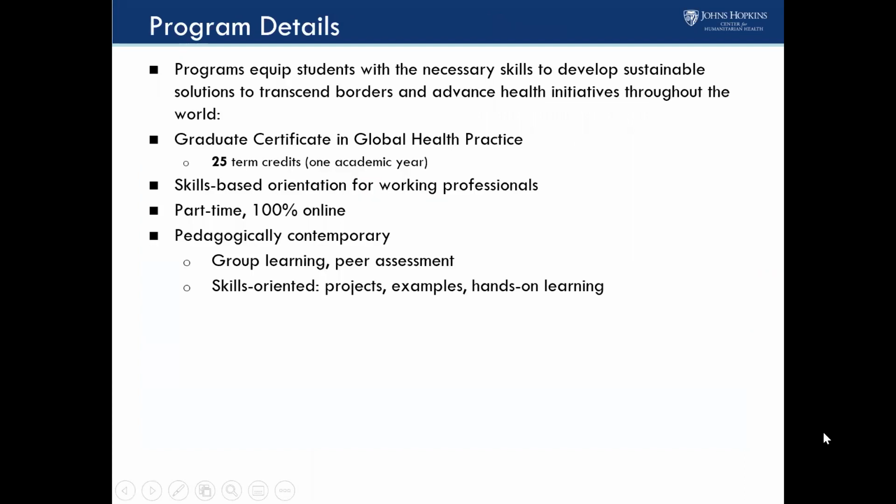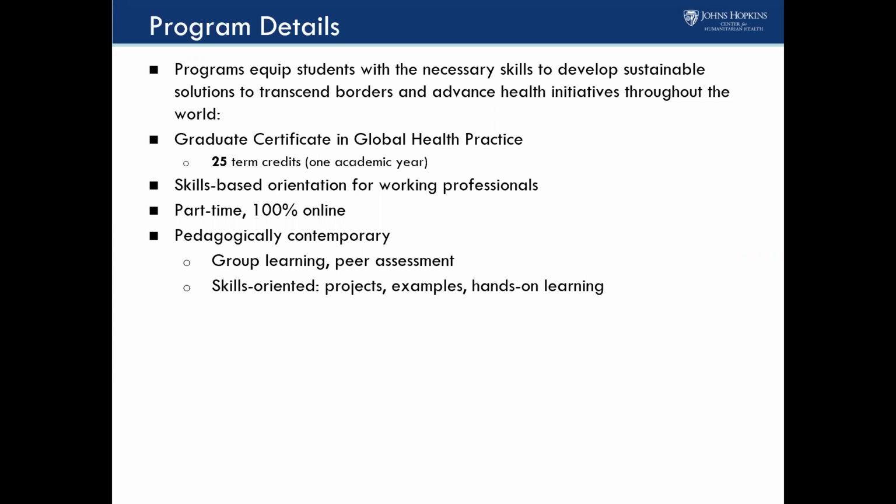The idea, of course, is that the faculty working in these different research projects, in these different centers, in these different programs are people that you'll be in touch with. And therefore, we hope that with this kind of connection, you'll be equipped with the necessary skills to develop sustainable solutions. As you notice, the title includes the word practice.